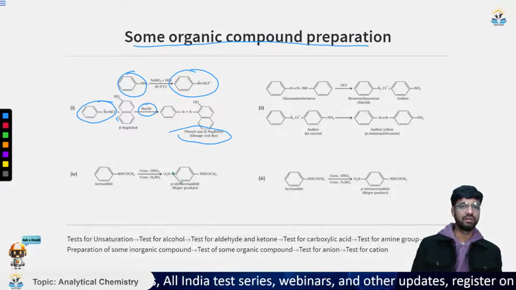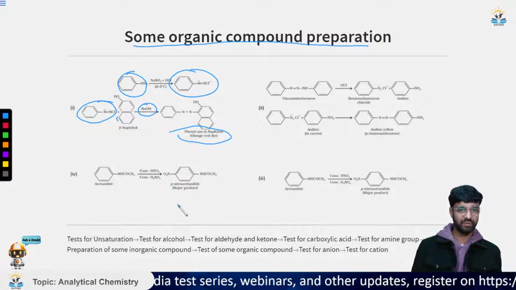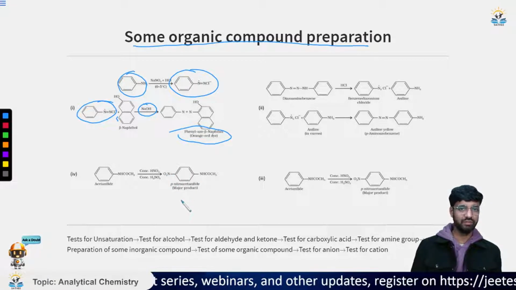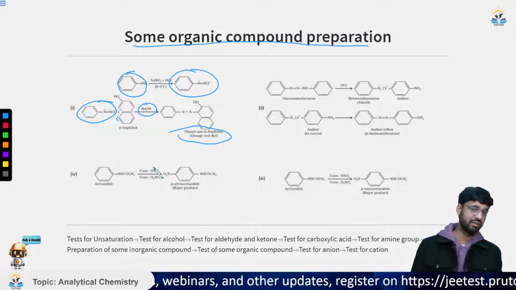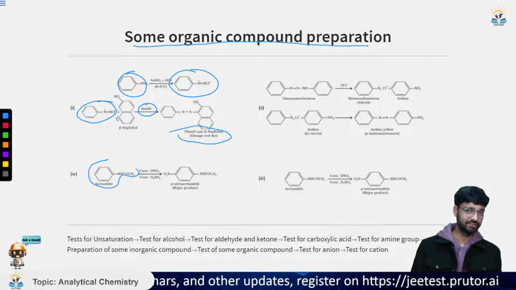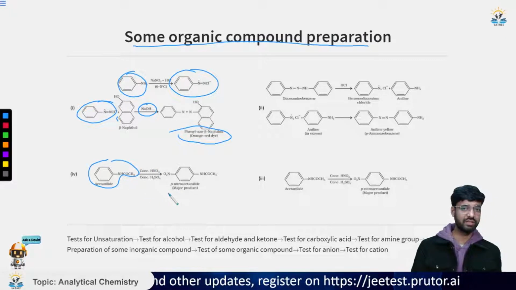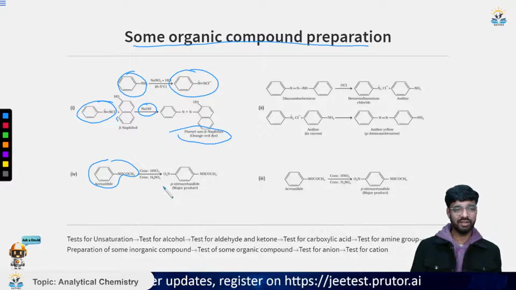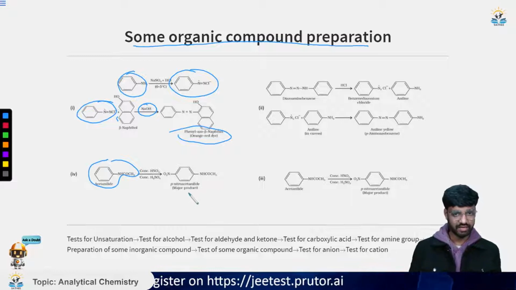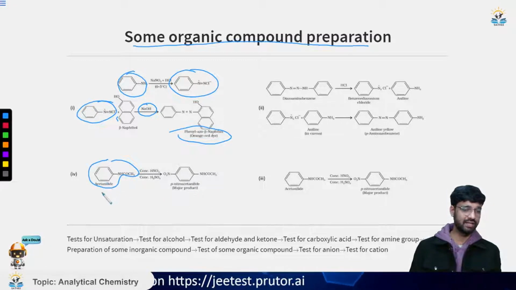Okay. Now let us see the preparation of another compound that is called p-nitroacetanilide. So we have this acetanilide here. What we do is we simply use a nitrating mixture and convert it into para-nitroacetanilide. So how is this acetanilide formed?